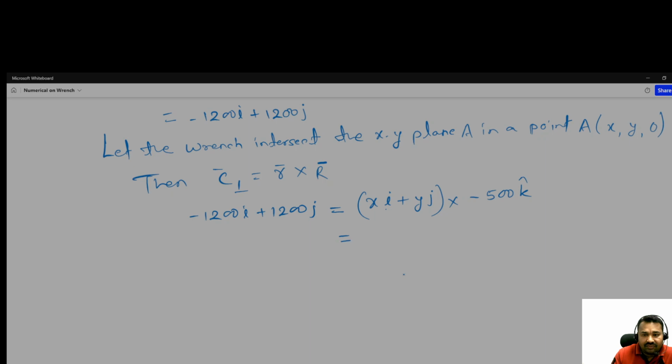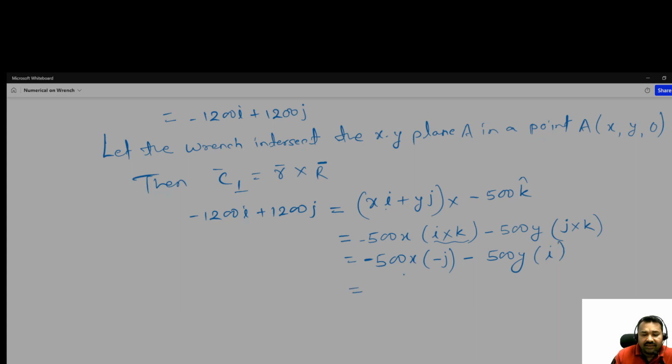Okay, so this is equal to what? So it is 500 X, if I multiply with K, and here Y multiplied with 500, so minus 500 Y, and J cross product of K. So what we get is equal to minus 500 X, and this is equal to minus J we get, and minus 500 Y, and this is equal to I we get.